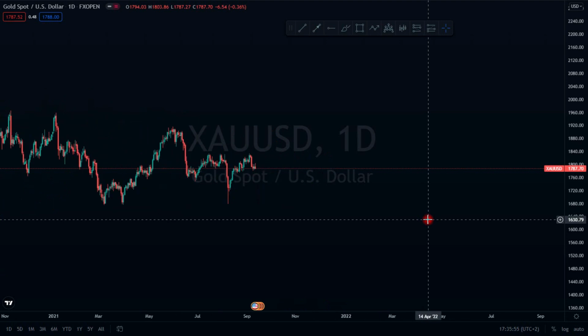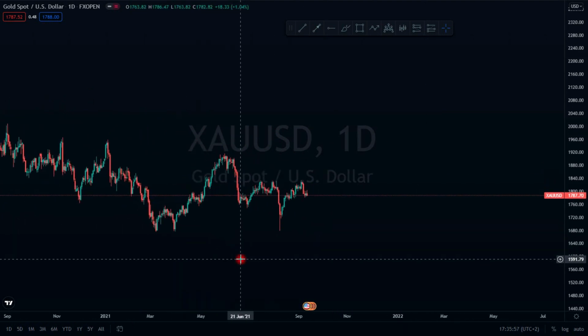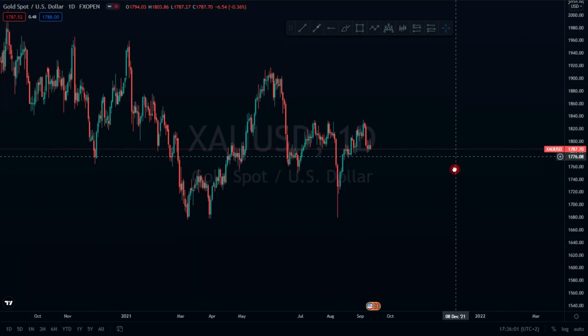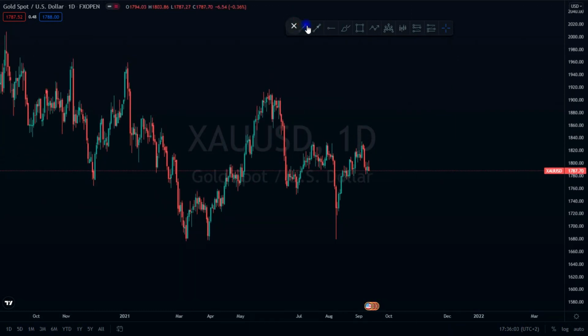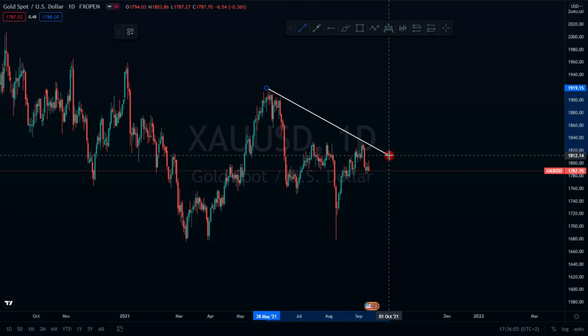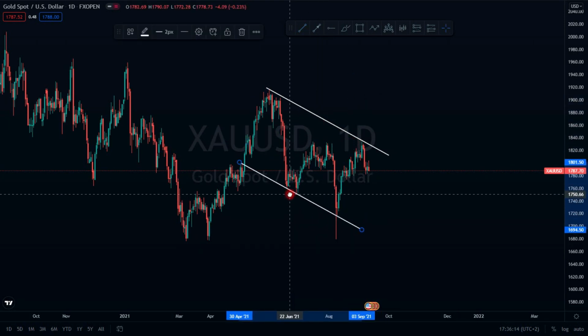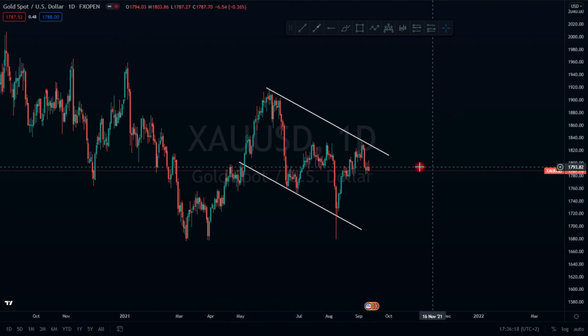If you look carefully on a daily time frame, we have something like this right here. I'm not going to start way back, I'm just going to start here. And if I were to copy this one right here and put it somewhere right here, I will have something like this.